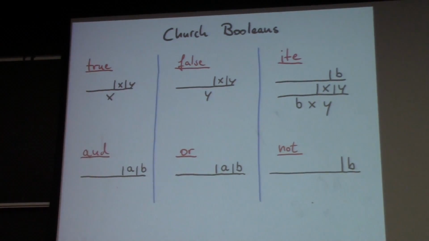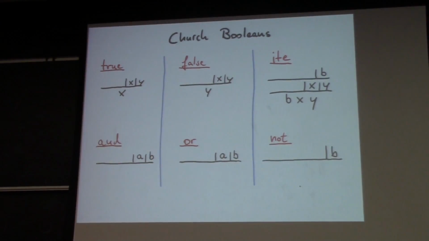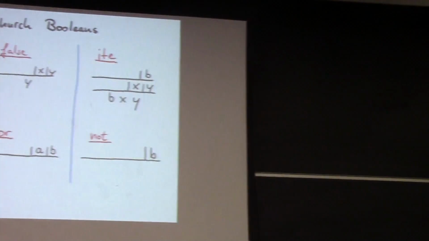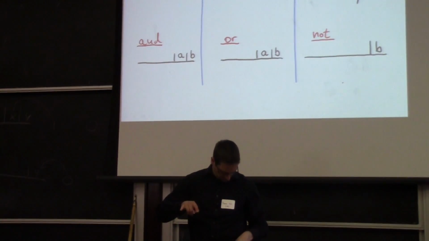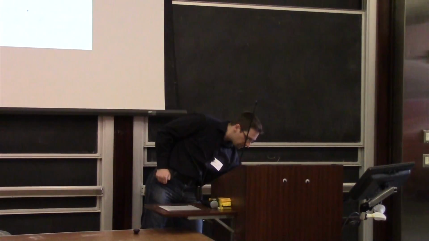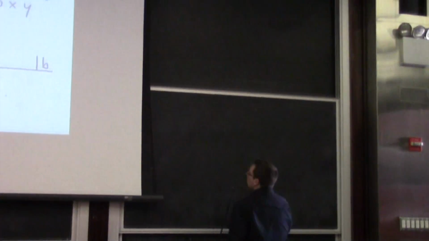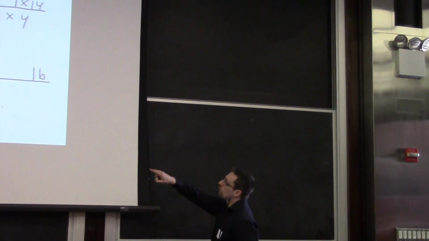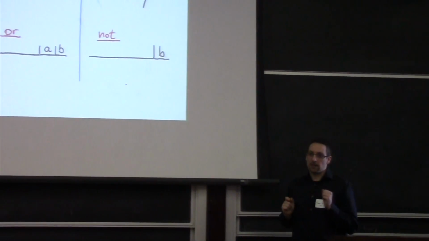Now let's do some other, more interesting stuff. Next, we want to compute the AND of two truth values.